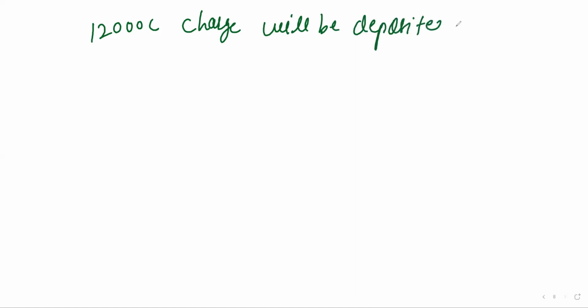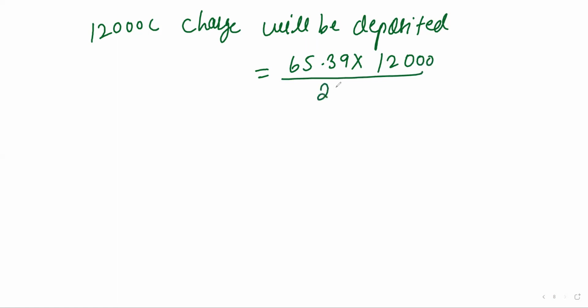Now see the next step. So 12,000 coulomb of charge will be deposited, equal to 65.39 equivalent into charge by factor. Factor is 2 and Faraday constant is 96,500.